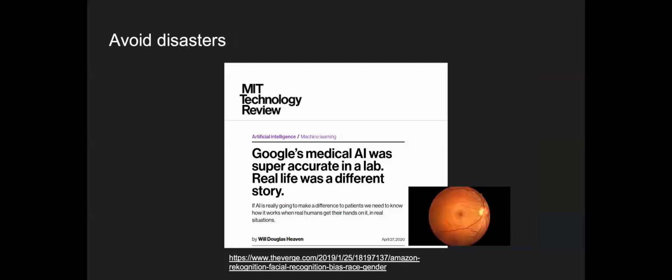Another thing when you talk about deployment and getting machine learning models into production is that you should try to avoid disaster. Here is an example of this. Google's medical AI was super accurate in the lab, but in real life it was a different story.